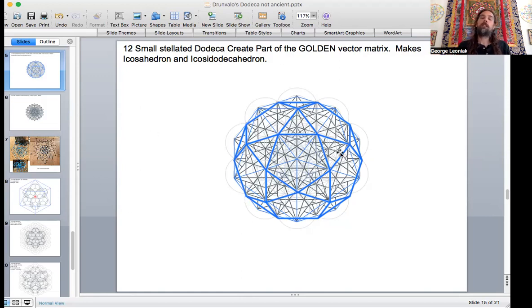So here, now we're in the pentagon view, looking down at the top of the icosahedron and the dodecahedron, because this little conglomeration of small stellated dodeca, there's going to be 12. This is the 12 around 1. This is another version of 12 around 1. Let me just go back one slide.